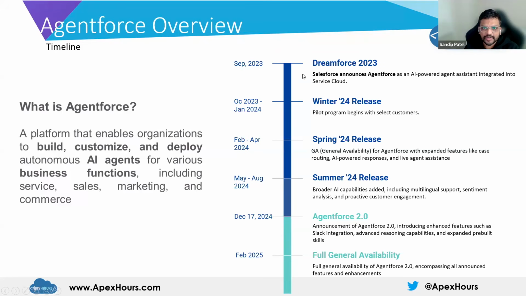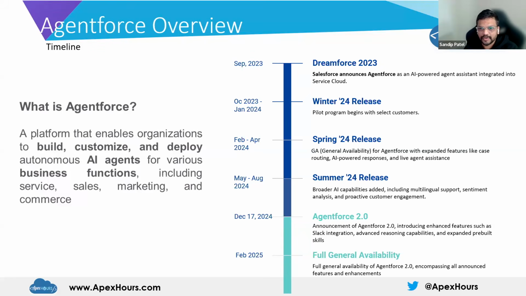Now discussing the timeline, it was announced at Dreamforce 23, which was held in September 23. They just started announcing Agentforce from that, and then in Winter 24 they ran a pilot program for selected customers.